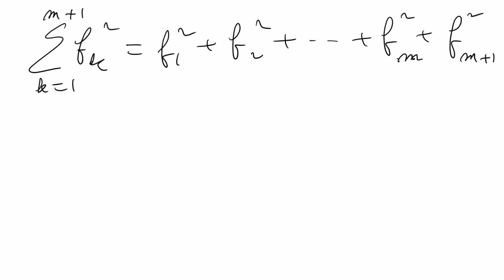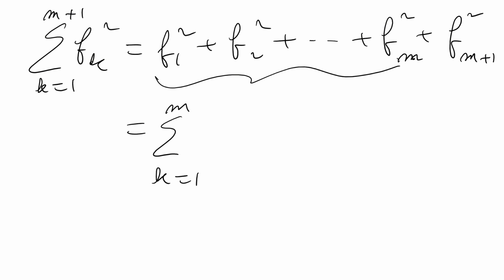So this is the summation of k equal to 1 up to m of f k square, then plus f m plus 1 square, right?